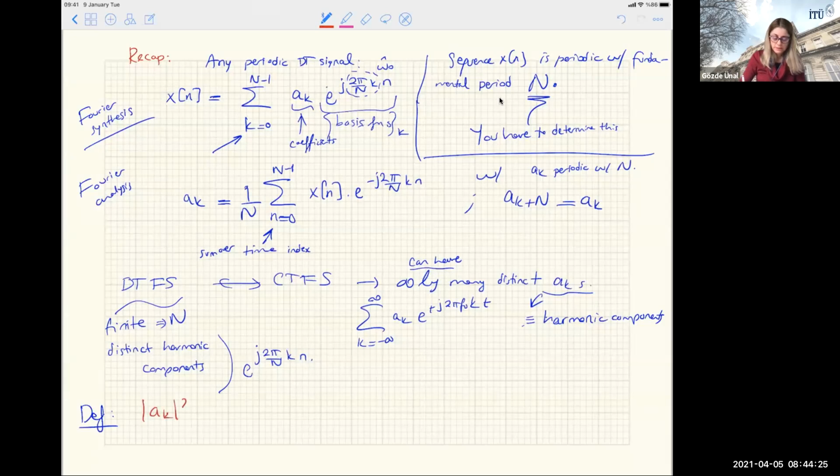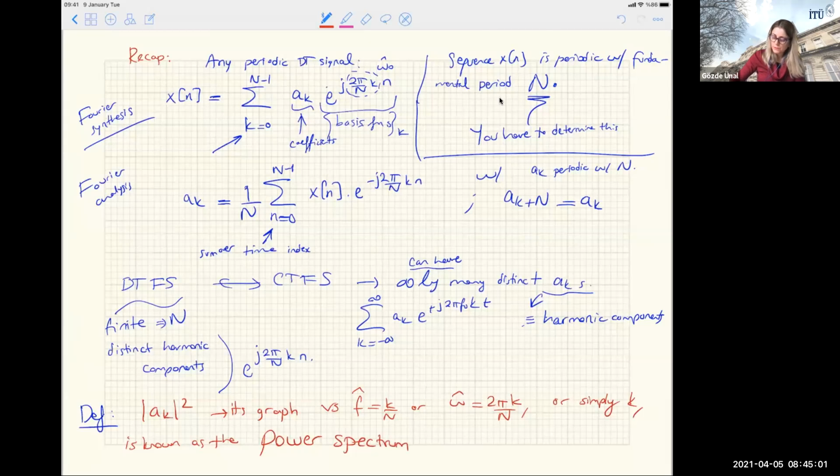This a_k squared, its graph versus f hat, which is k over N, or versus omega hat, the angular frequency, or simply versus k, and that's fine, is known as the power spectrum of the periodic signal, in this case the periodic signal x of n. Okay, this is important to know also.